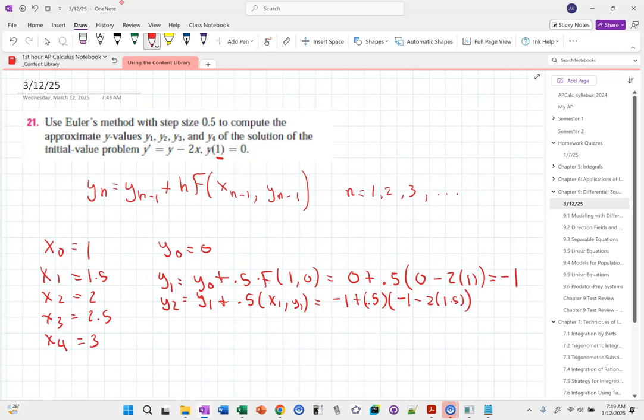So that's going to be -1 plus 0.5 times -4, which is -2, so -3. And I'm just going to kind of continue grinding my way through this.